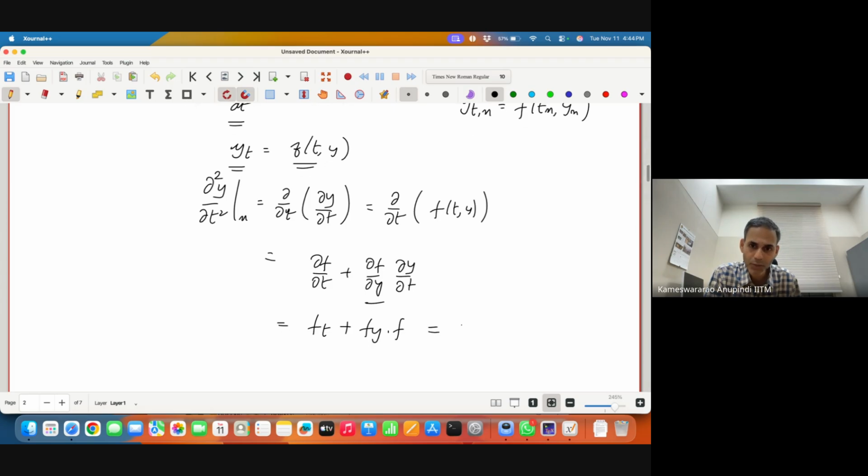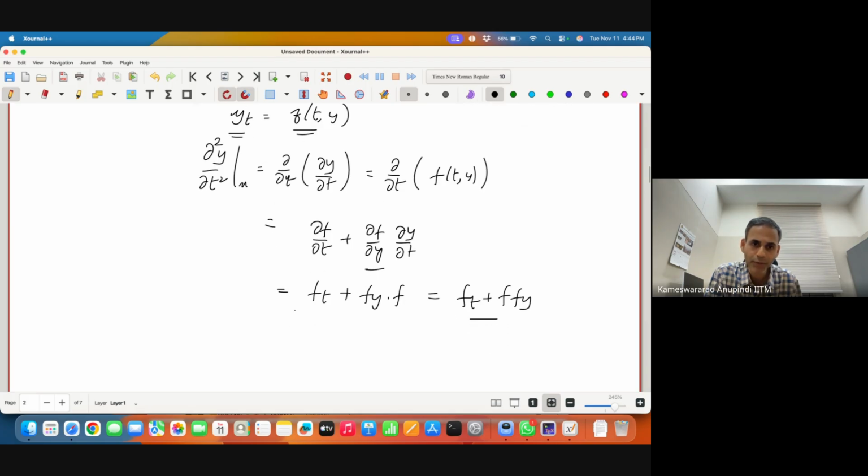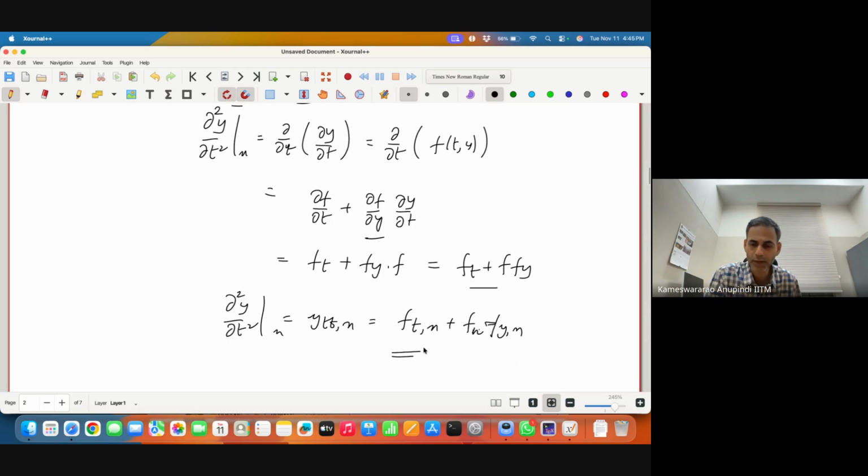That means this is equal to f sub t plus f times f sub y. Then if you evaluate at n, dou square y by dou t square, that is ytt at n, is nothing but ft at n plus fn times fy at n, right? So that is what we have.